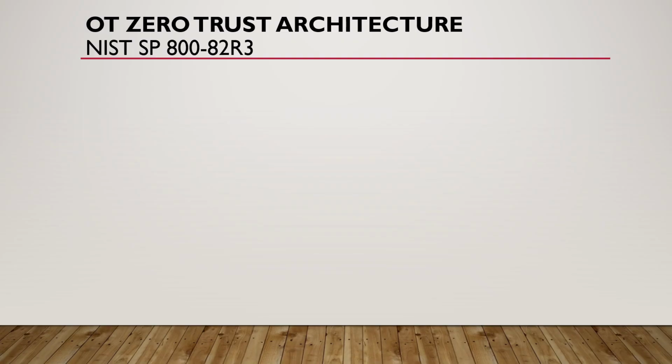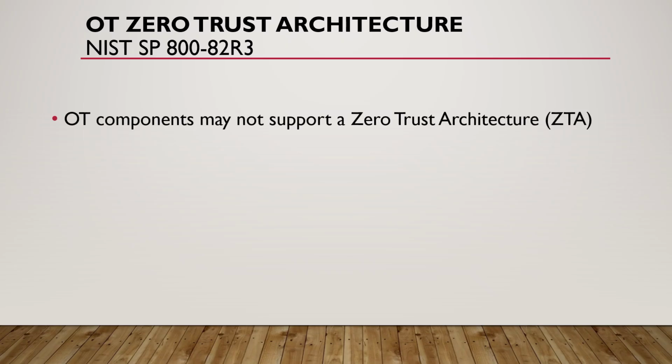NIST Special Publication 800-82 Revision 3 provides some specific recommendations when considering Zero Trust in an OT environment. As NIST describes them, these include: it should be noted up front that some OT components, for example PLCs, controllers, and human-machine interfaces, may not support the technologies or protocols required to fully integrate with a Zero Trust architecture implementation.